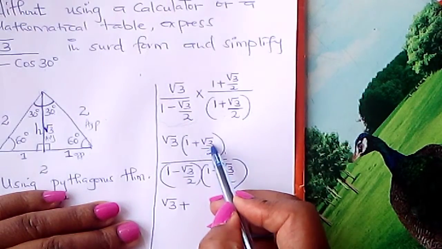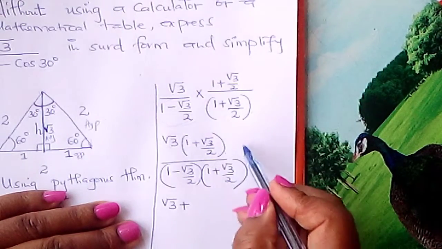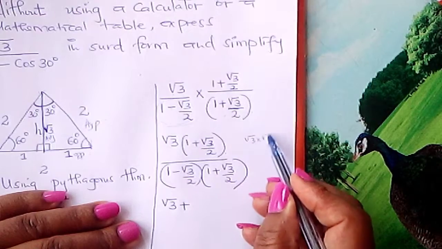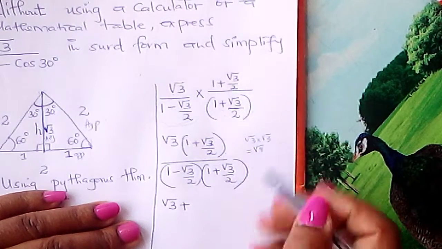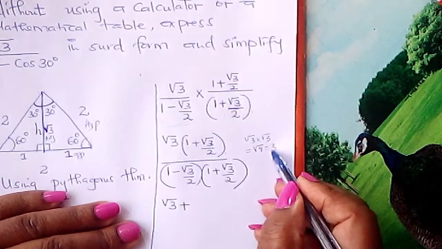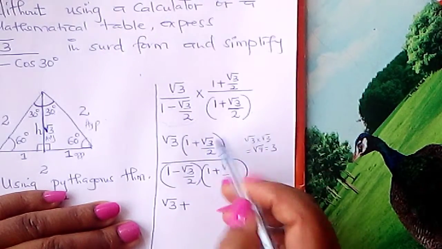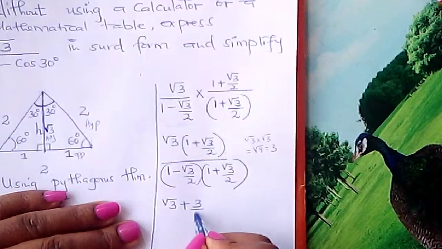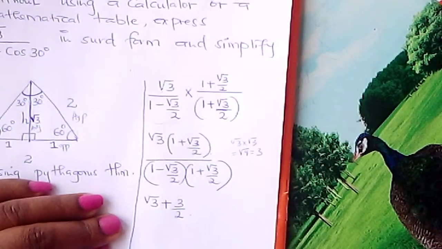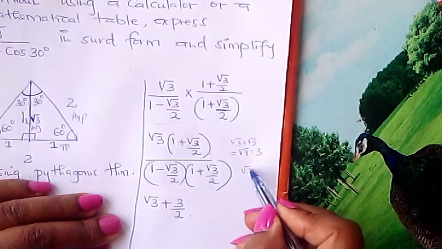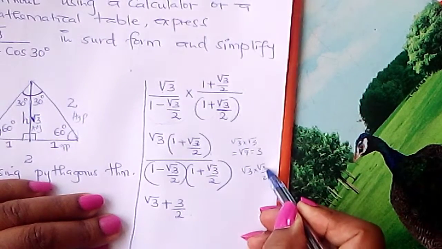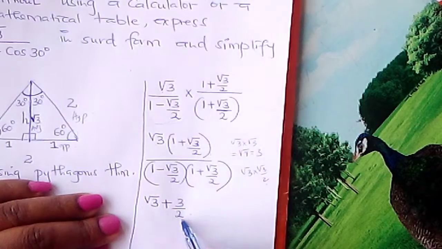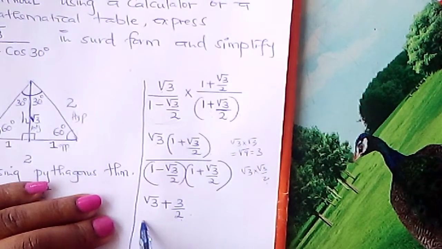Root 3 times root 3 is the square root of 9, and therefore the square root of 9 is 3. So this times this is 3 over 2. I hope you get that, because we are talking of root 3 times root 3 over 2. This times this is 3, and then the denominator remains. So this is our numerator.